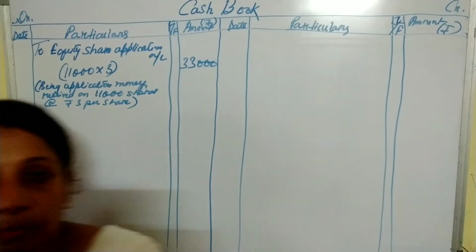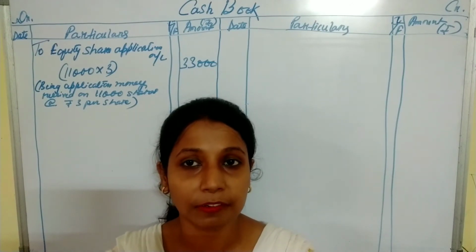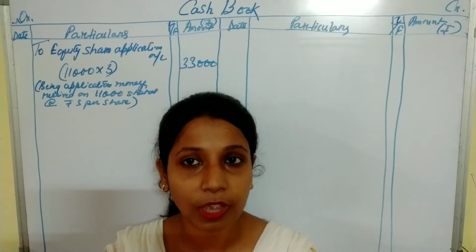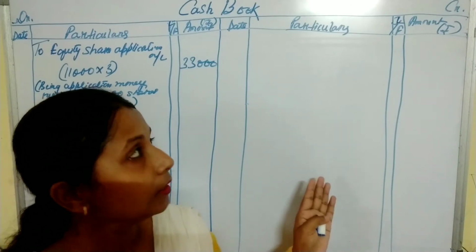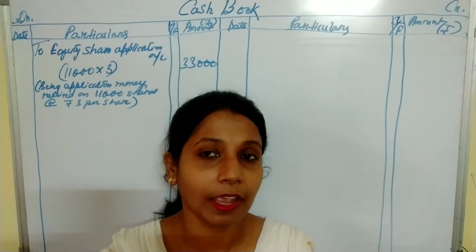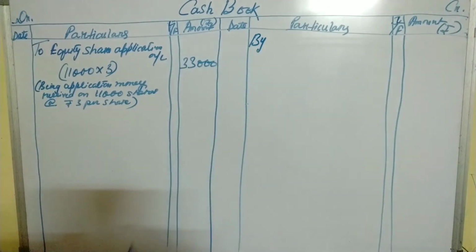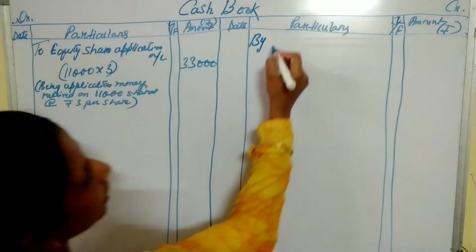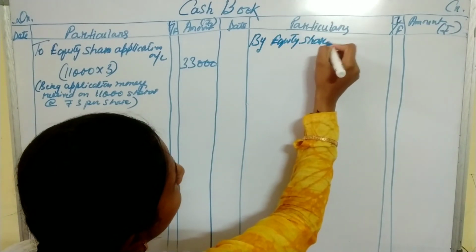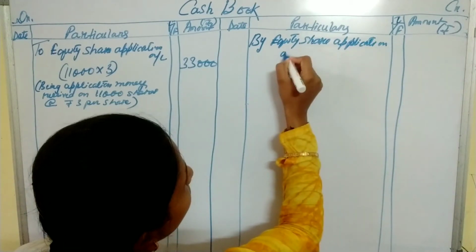Now, what did the company has done? The company has rejected the excess application money, rejected and refunded back the excess application money. So, cash goes out. So, we'll record this one in the credit side. That's because the company refunded the excess application money. So, in this side, you will start by writing by equity share application account.